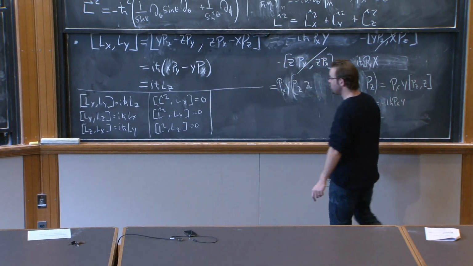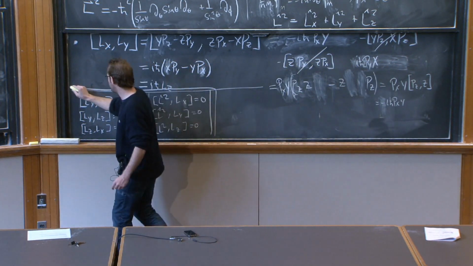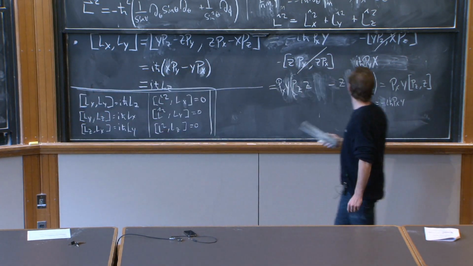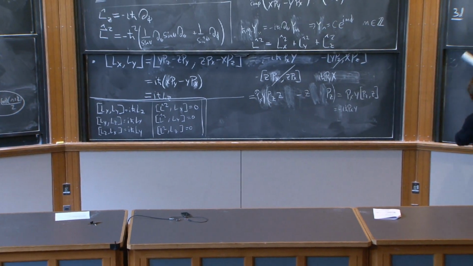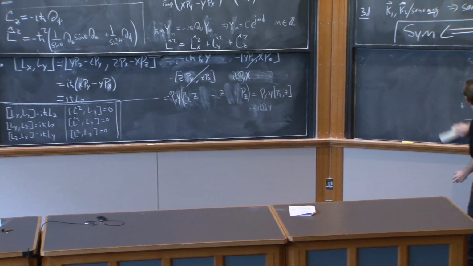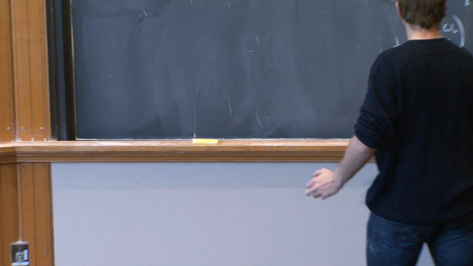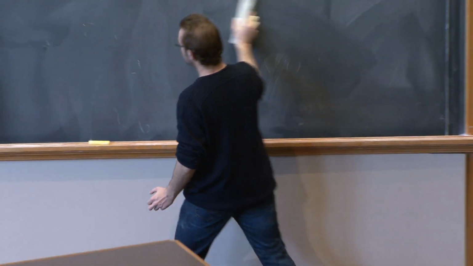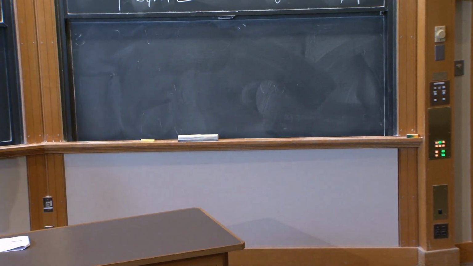And the thing is, and I'm going to put big flags around this, we've just learned a tremendous amount about the eigenfunctions of the angular momentum operators. So what have we just learned about the eigenfunctions of Lx, Ly, Lz, and L squared? Anyone?